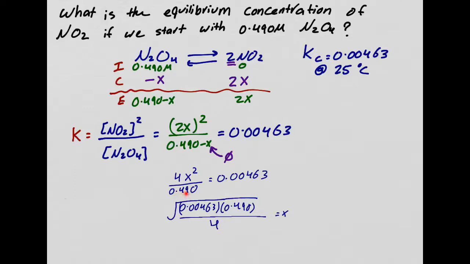So 0.490 times the K, and then divided by 4. And all I have to do is take a square root of it. So now it's not bad, right? The math has just got so much easier. And if I do, I get 0.0238 molar. That's going to be my x.